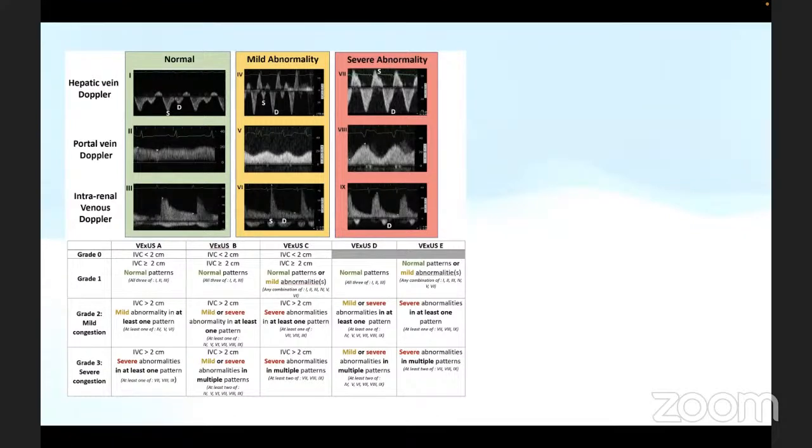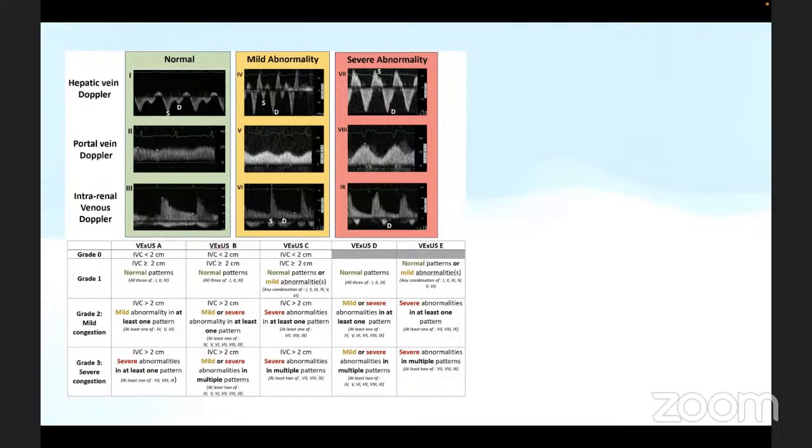The question arises why we are using VExUS type C and not other types, because many research studies and meta-analyses say that deciding fluid management based on IVC has a sensitivity of only around 41%. But the other components of VExUS C, like the portal vein, hepatic vein, and renal vein, have a high specificity of around 75%.